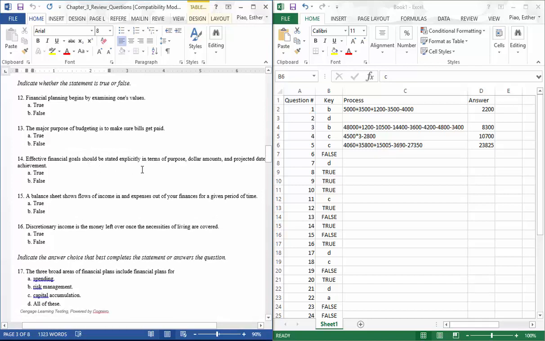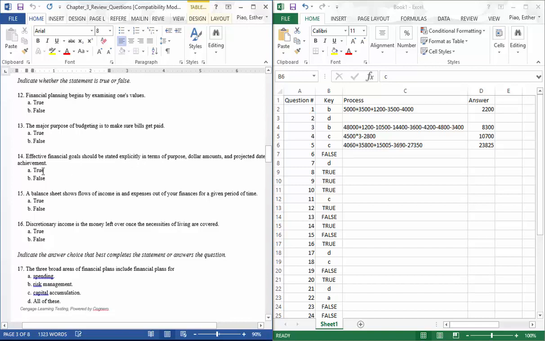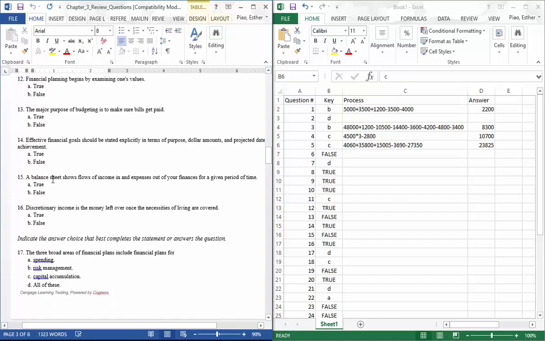Number 14 is plain. As it stated, it's true. Number 15: a balance sheet shows flows of income and expenses out of finances for a given period of time. It's an accurate statement, except the balance sheet needs to be replaced by cash flow statement.